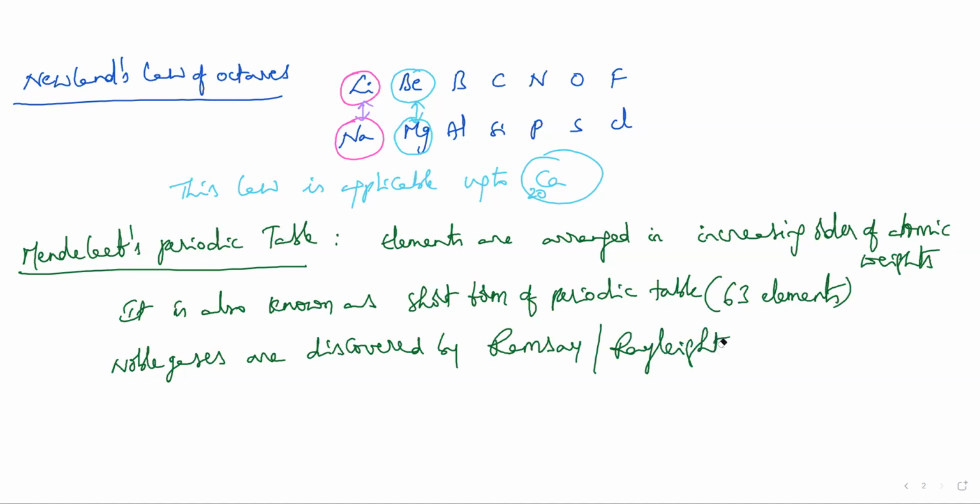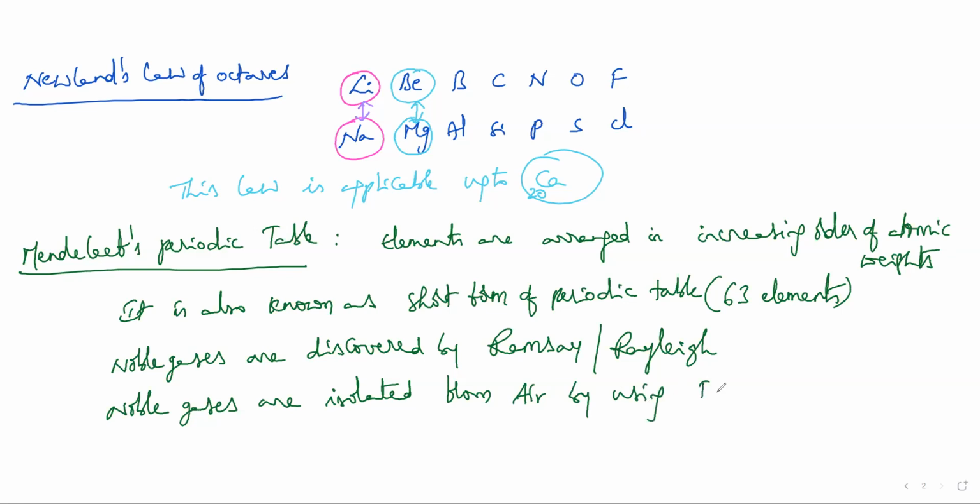So they discovered noble gases. Next point regarding noble gases only. Noble gases are isolated from air by using Dewar's method. So noble gases are present in atmospheric air only, so we can isolate those gases from air by using Dewar's method.